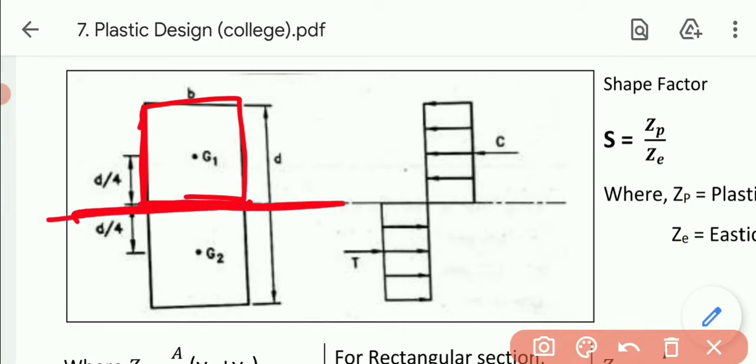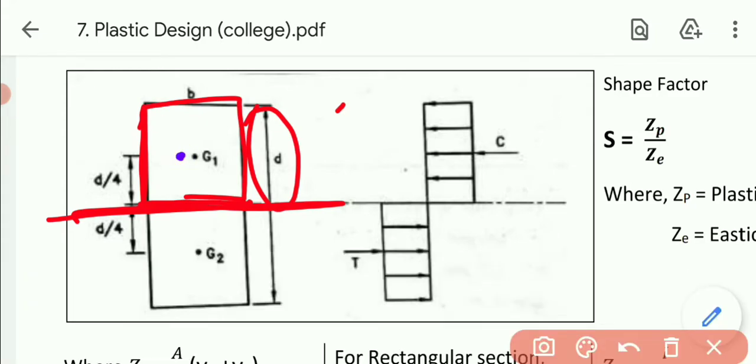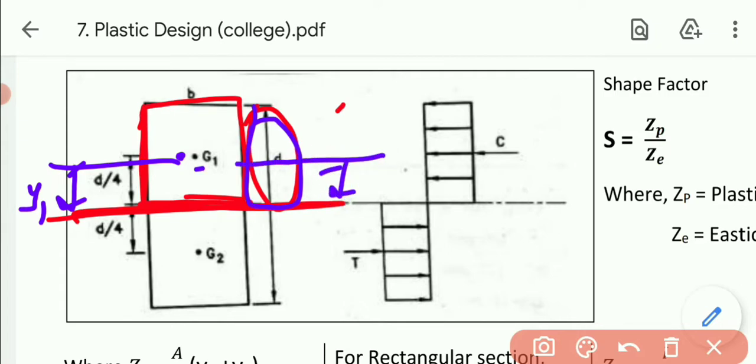For example, we consider the portion above the neutral axis, so ultimately this depth is d1. y1 will be the CG of this portion with respect to the neutral axis. So this will be my y1. Since d is the depth of the rectangle section, y1 will equal its center, d by 2, for the portion above the neutral axis.